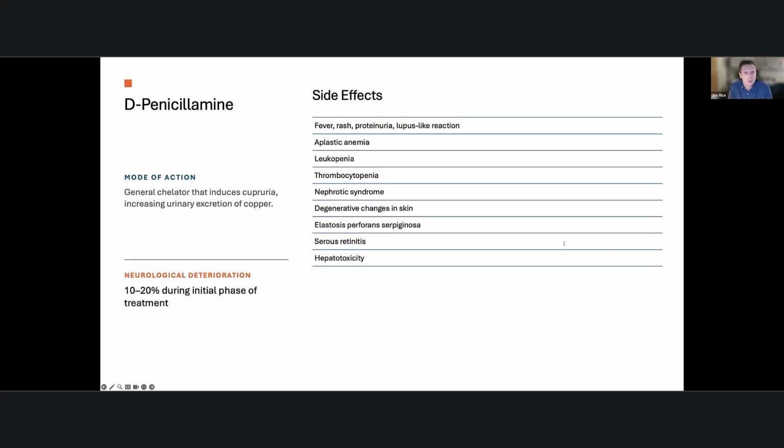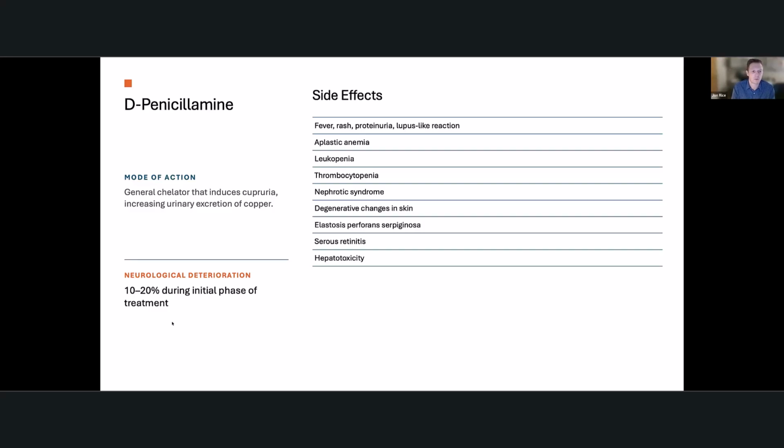D-penicillamine is the oldest and best studied, commonly the cheapest and recommended on a lot of formularies from insurance companies. So you will be recommended to use this a lot of times to start. However, as you can see here, as a general chelator, which induces urination of the copper, side effects of these medications include fever, rash, proteinuria, lupus-like reaction, aplastic anemia, leukopenia, thrombocytopenia, nephrotic syndrome.